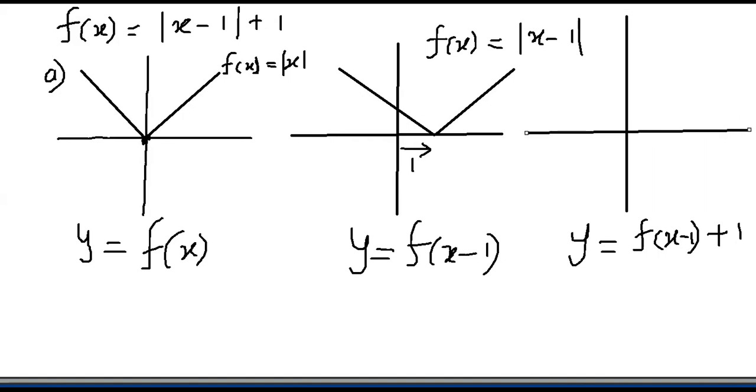This is the axis. Now the y value changes by 1 in the positive direction. Therefore, this graph changes like this. This value is 1. This also is 1, because in the second diagram the x value of this point is 1. This is the graph of modulus of x minus 1, plus 1.